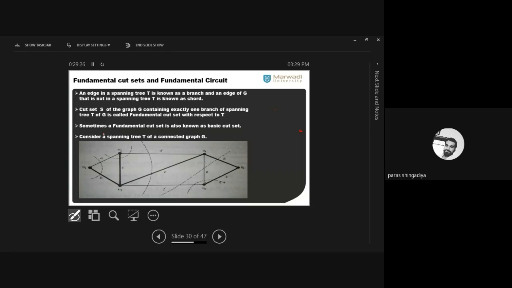This I consider spanning tree H. So these are the branches B, C, D, E, H, and K. Clear? And now find the cut sets. So AB is a fundamental cut set. Clear? ACD is a fundamental cut set. DEF is a fundamental cut set. Clear? Then after HGF is a fundamental cut set, and then after KGF is a fundamental cut set. Clear? That is already mentioned in the graph here. You can just explain it.